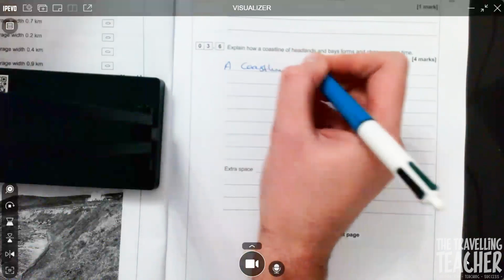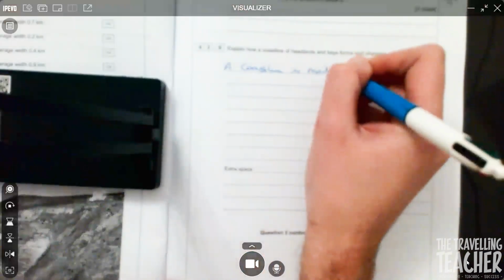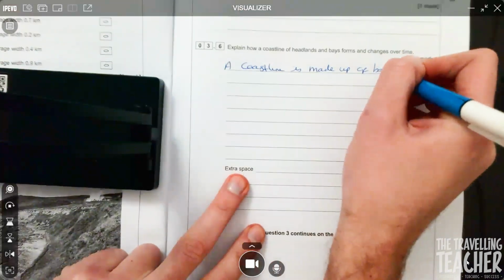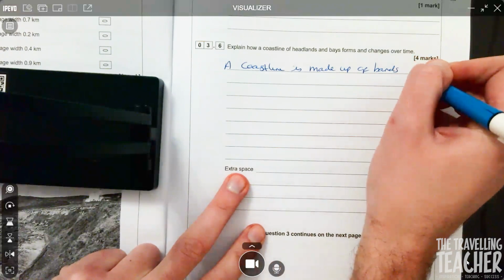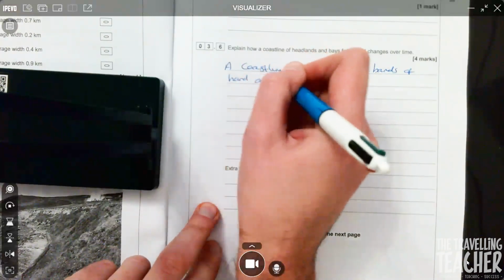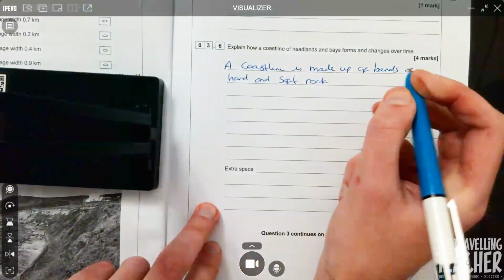A coastline is made up of bands of hard and soft rock.